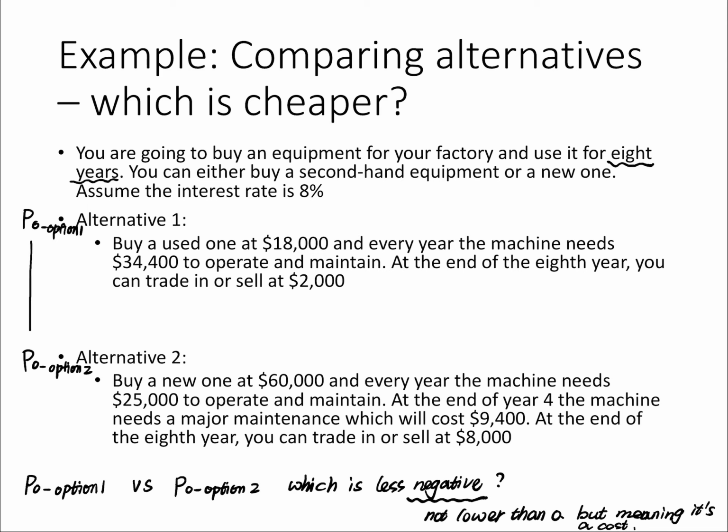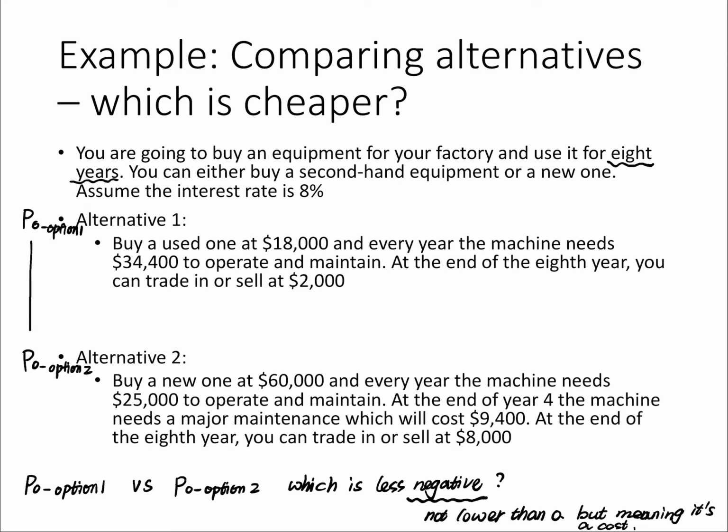Okay, so now you can understand the logic. So for each option, we want to convert every cash flow back to the present time, and then we compare the value of the present cash flow for both options and find the better solution.